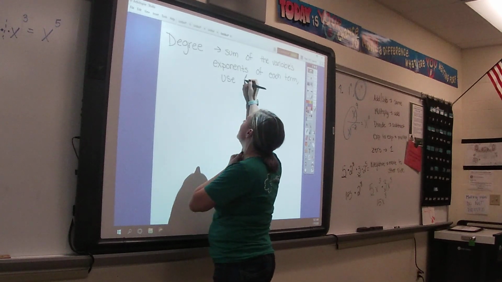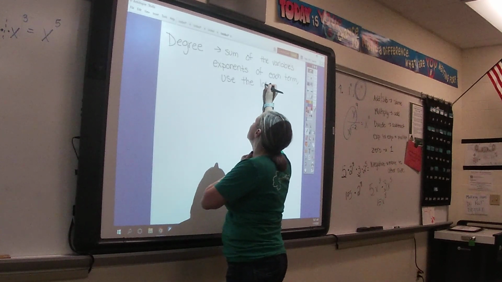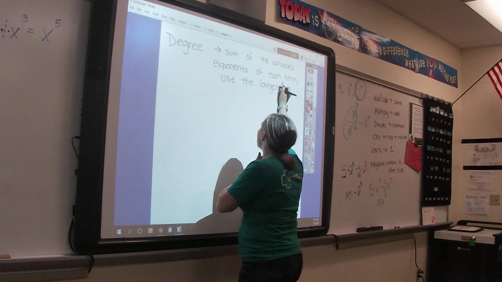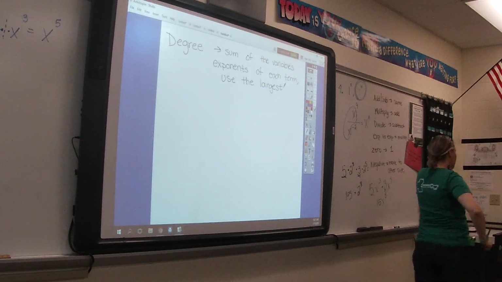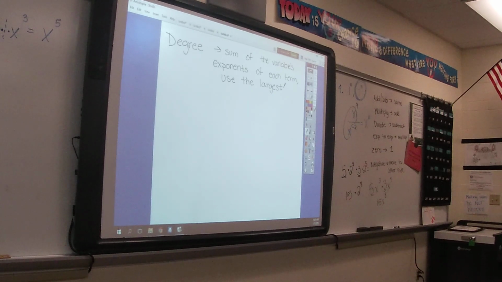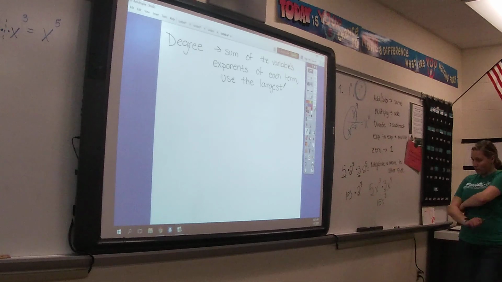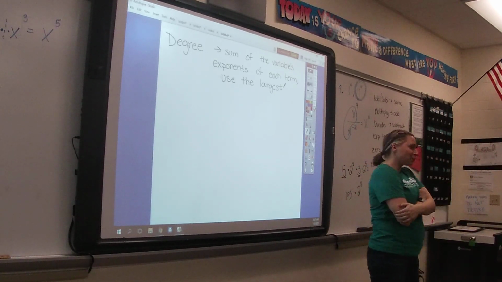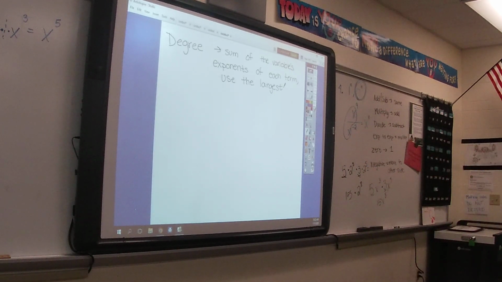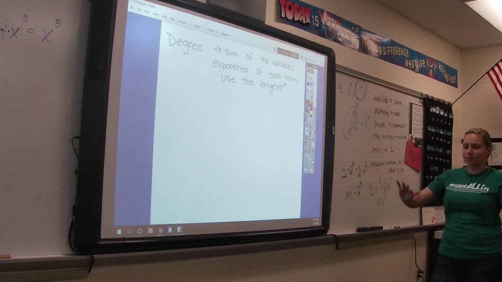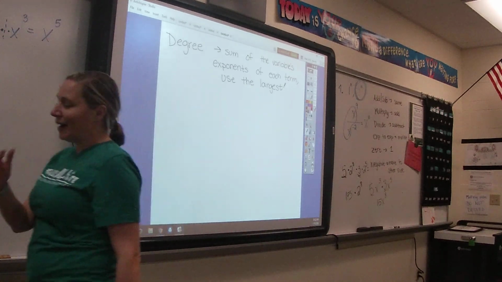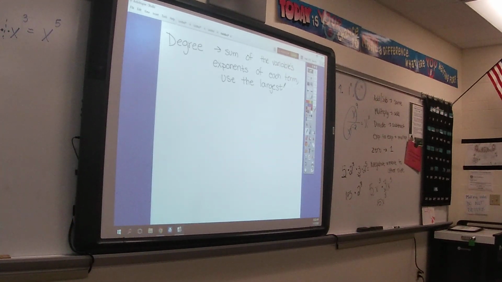And then from those, we are going to use the largest. Why would we want to use the largest? Because it actually determines the properties and characteristics of it. It has more sort of pull than the rest of it does. Anything smaller just gets pushed away. That larger exponent's going to have the pull.